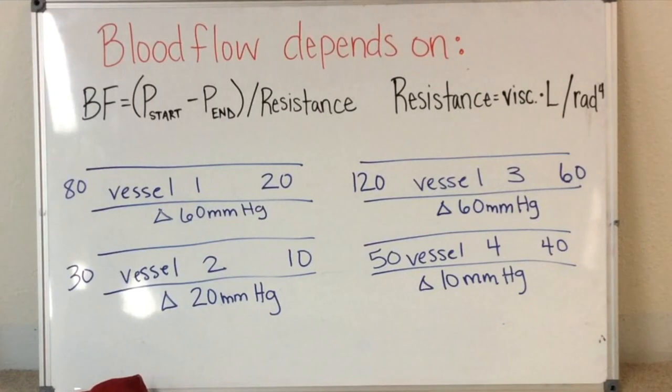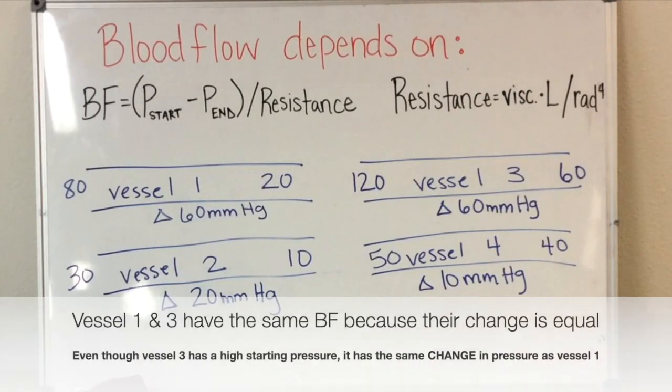Vessel 3, on the other hand, starts at a larger pressure at 120 millimeters of mercury, but drops to 60 millimeters of mercury. It therefore has a change of 60 millimeters of mercury. Therefore, if the resistance is the same in both vessels, vessel 1 and vessel 3 will have the same blood flow because they have the same change in blood pressure.